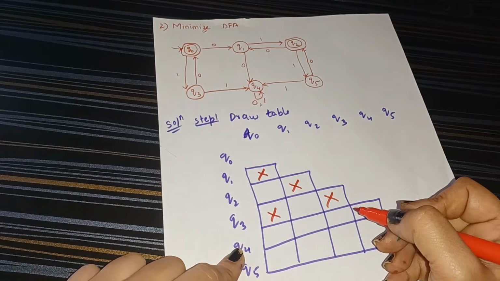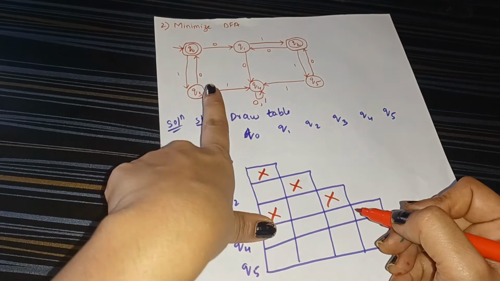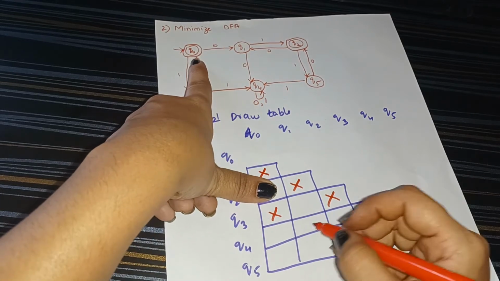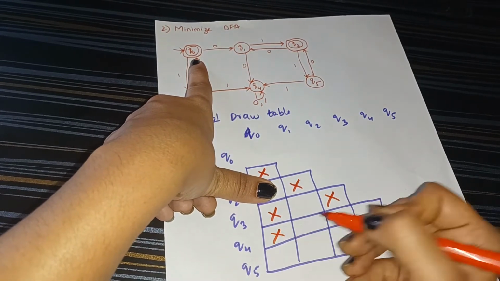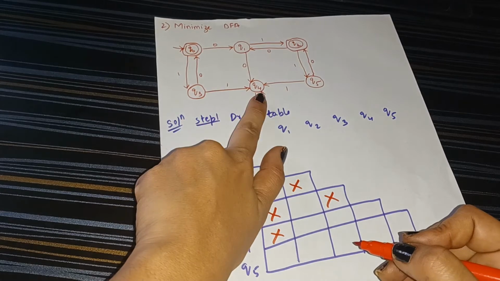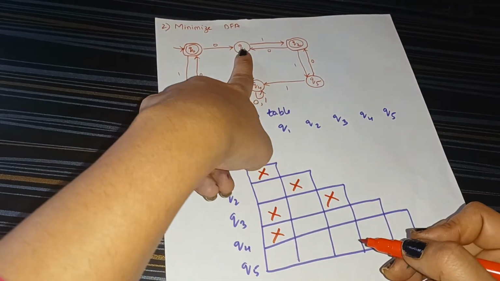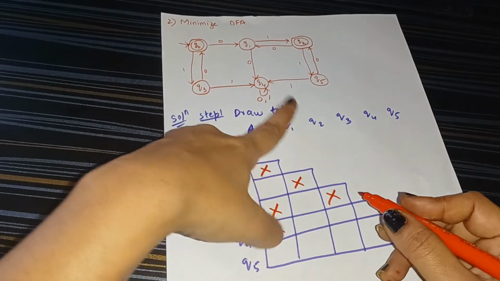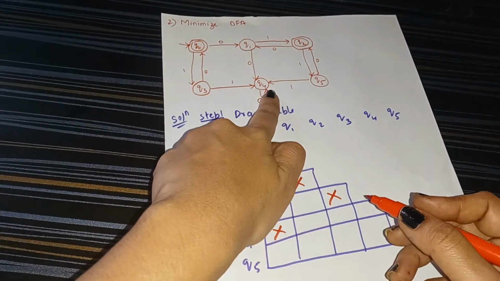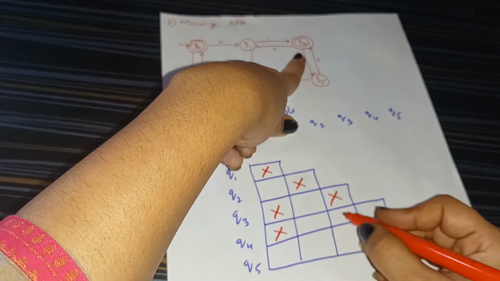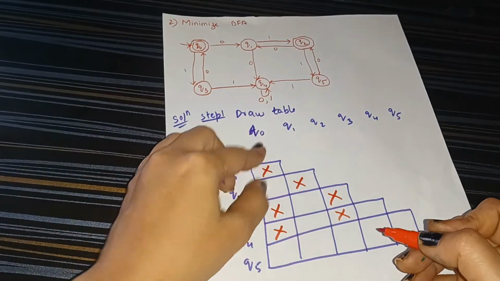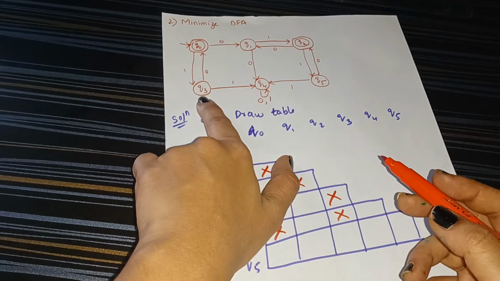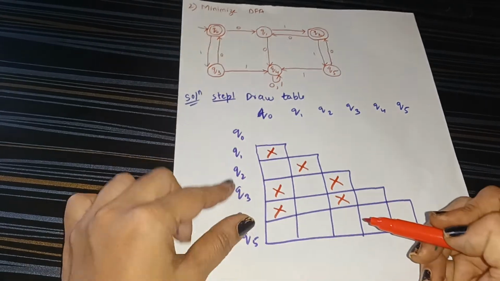Next we have Q4, Q0. Q4 is non-final and Q0 is final state, will mark it. Q4, Q1: both non-final, will not mark. Q4, Q2: Q4 is non-final, Q2 is final state, will mark it. Q4, Q3: both non-final, will not mark.